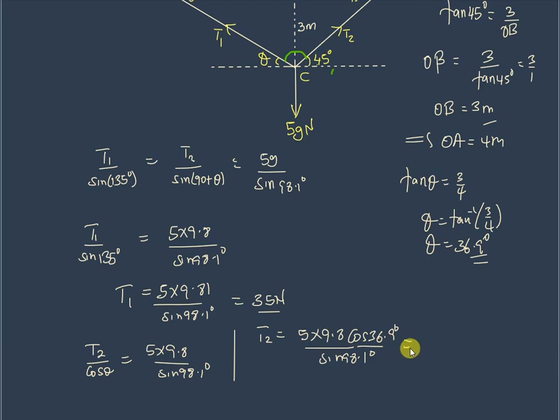And when you work that out, you are going to get a value of 39.6 newtons. So if I write this one to the nearest number, it is 40 newtons. But you know what you are going to get from your calculator when you press. So that is what you do. You work it out like that.